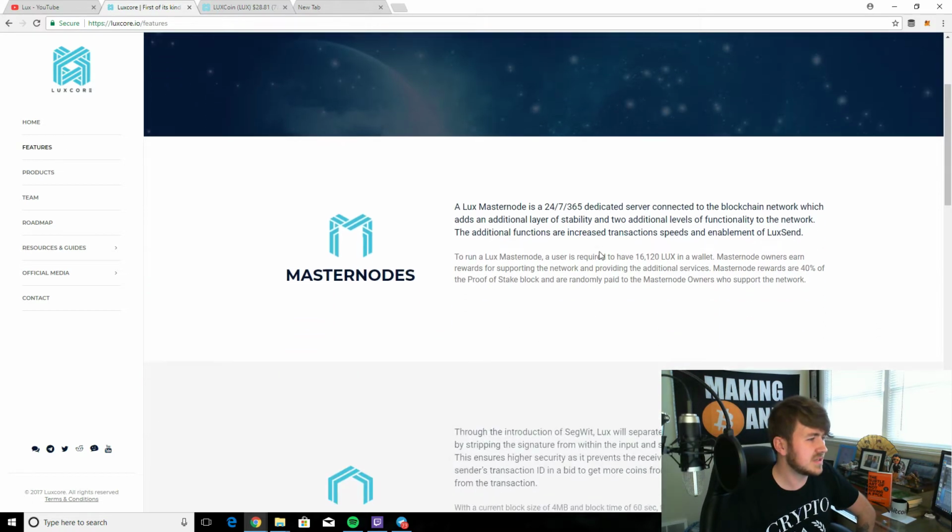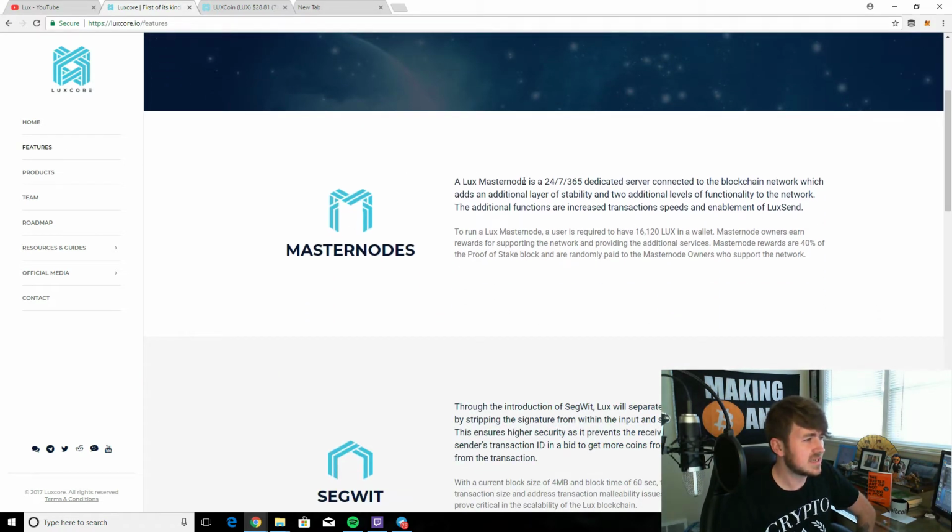LuxCore features. Masternodes. All right, cool. A Lux masternode is a 24/7, 365 dedicated server connected to the blockchain network, which adds an additional layer of stability and 2 additional levels of functionality to the network. The additional functions are increased transaction speed and enablement of LuxSend.